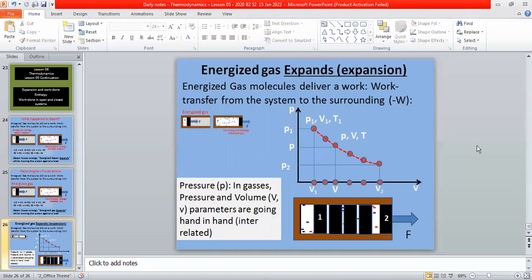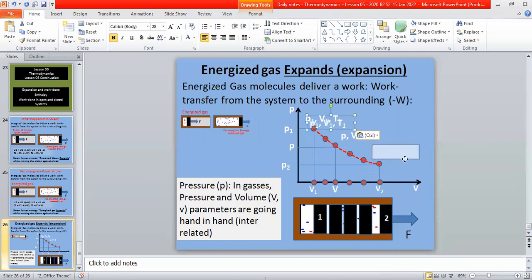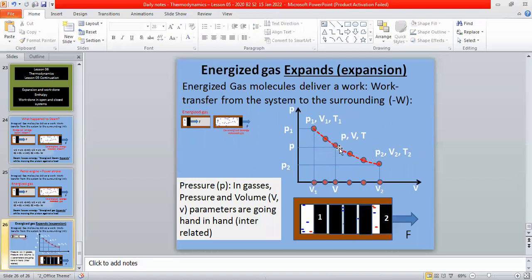Can you see? This way. P2, V2, and T2 is here. Okay, good.